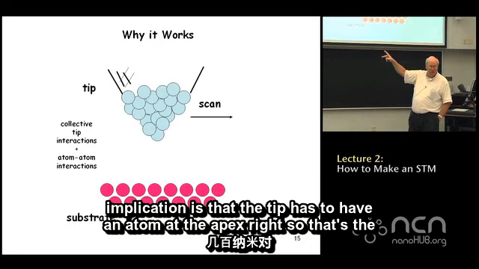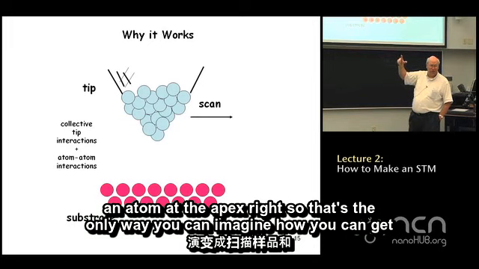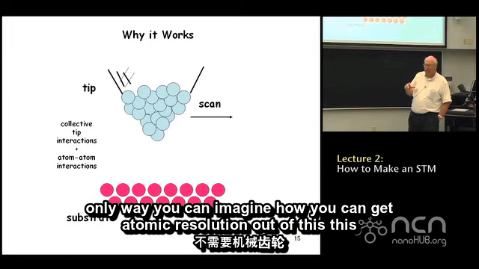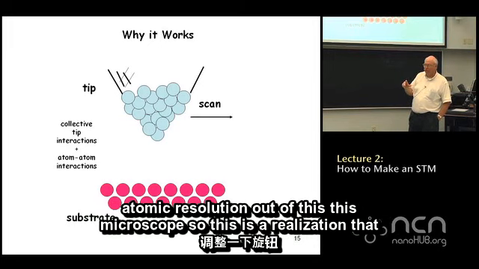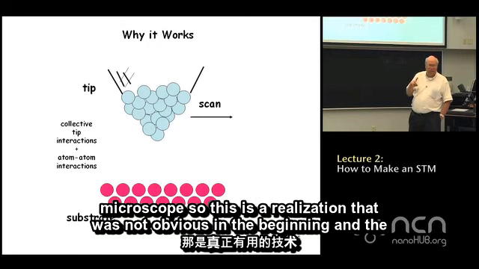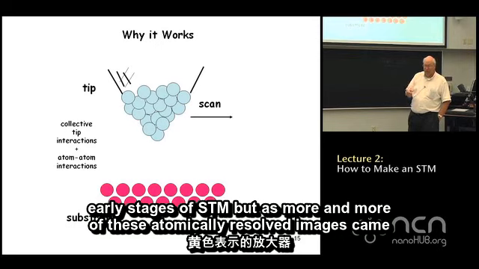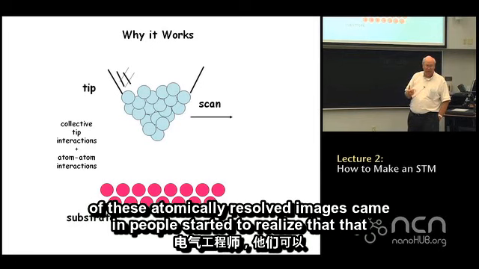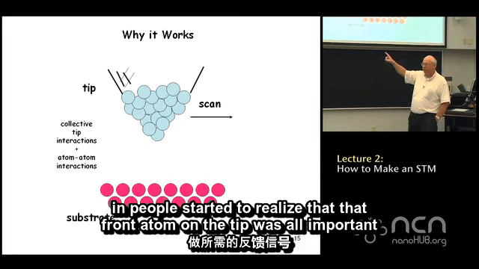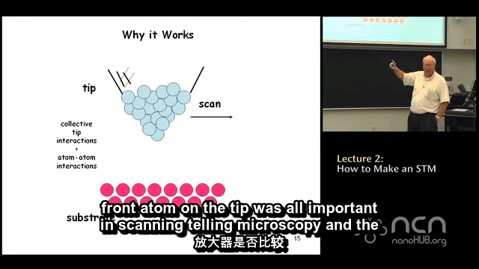So that's the only way you can imagine how you can get atomic resolution out of this microscope. So this is a realization that was not obvious in the beginning, in the early stages of STM. But as more and more of these atomically resolved images came in, people started to realize that the front atom on the tip was all important in scanning tunneling microscopy.